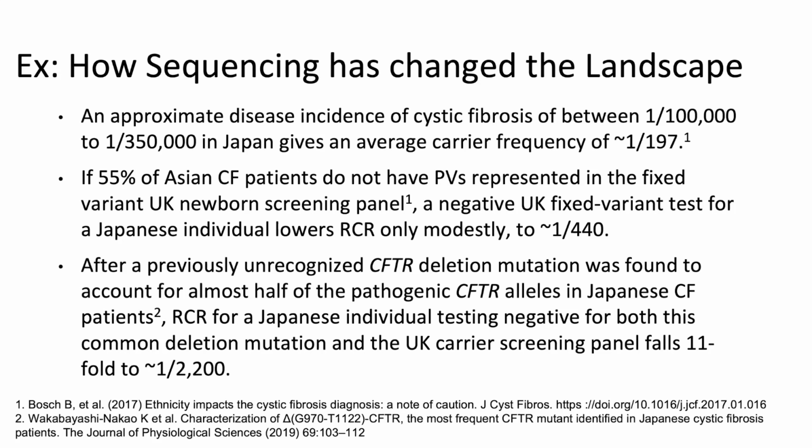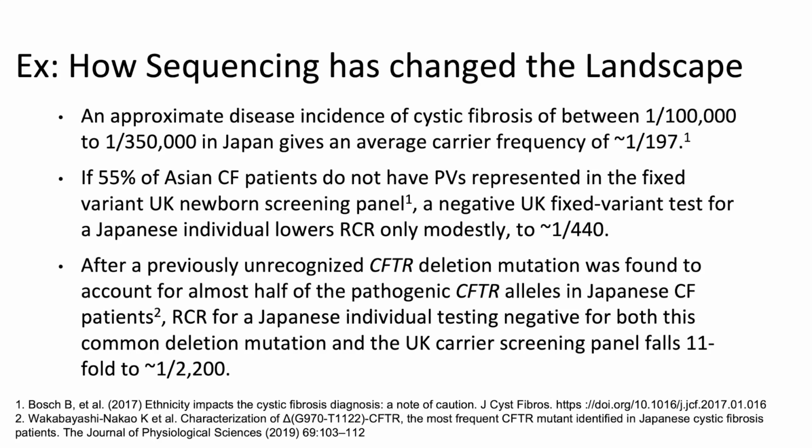So a negative United Kingdom fixed variant test for a Japanese individual lowers the residual carrier risk only modestly, from 1 in about 200 to 1 in about 440, because so many of the known pathogenic variants are just not on that panel. Then a previously unrecognized CFTR deletion mutation was found to account for almost half of the pathogenic CFTR alleles in Japanese CF patients.